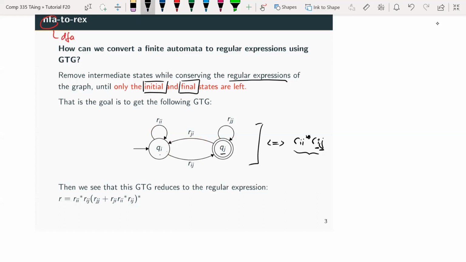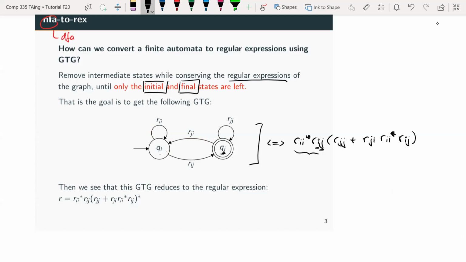So what that translates to in terms of regular expressions is after this Rij, once I'm here, I can either stay in Qj a bunch of times with Rjj, or I can go from Qj to Qi with Rji, then stay in Qi a bunch of times with Rii, and then come back to Qj with Rij.